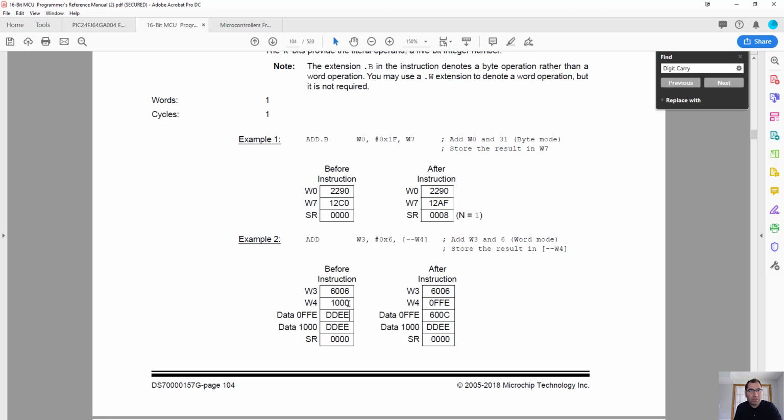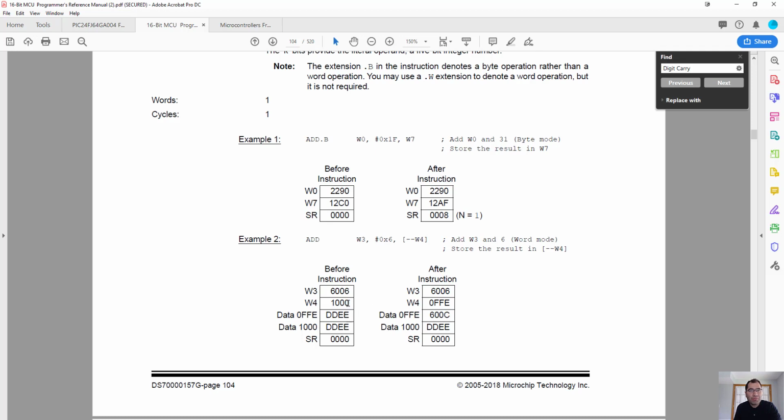So the current address location is 1000. You decremented it by 2 because it's a 2 byte, one word, so you have to keep the alignment, so you have to decrement by 2. So 1000 minus 2 is FFE, and it goes to that address location and puts the sum there, and that's it.